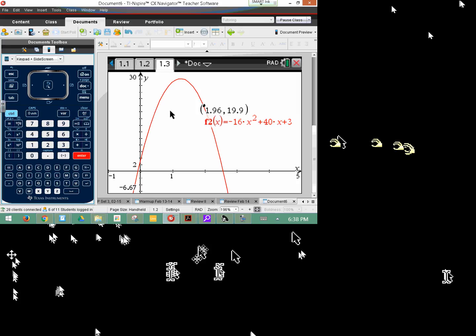And what we're actually doing is solving the equation 16x squared plus 40x plus 3. When is that equal to 20? That's basically what we're doing.